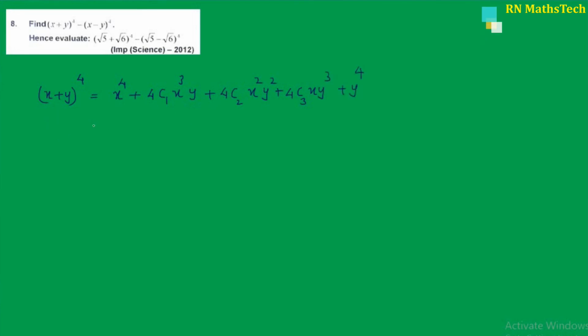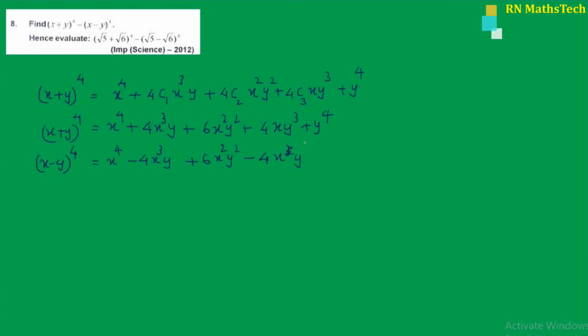That is equal to x raised to 4 plus 4x cube y plus 6x square y square plus 4xy cube plus y raised to 4. That is (x plus y) raised to 4. Now (x minus y) raised to 4 is equal to x raised to 4 minus 4x cube y plus 6x square y square minus 4xy cube plus y raised to 4. Okay, now take the difference.